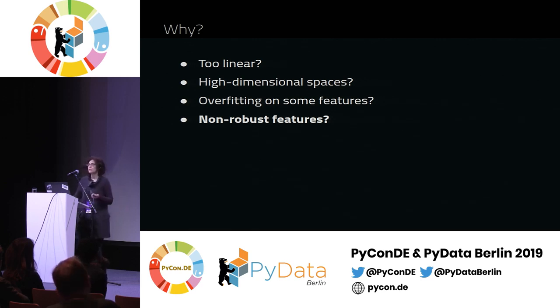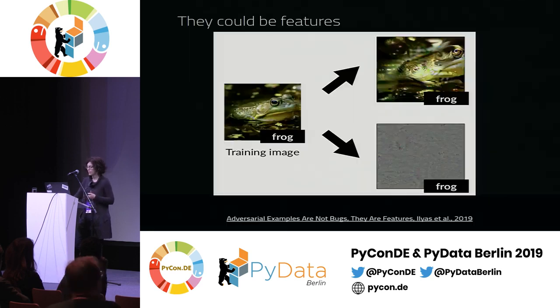And it's by Andrew Ilyas and colleagues, who propose that the reason why this is happening is not because neural networks are faulty or because there's bugs. They are actually exposing features that are highly correlated with the classes, but it's just that humans aren't picking up on them. We're not seeing them.